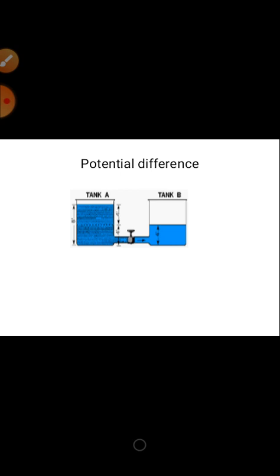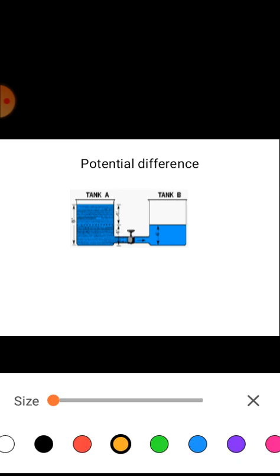Moving to the next concept, it is potential difference. You can see two tanks here, tank A and tank B. The water level in tank A is more compared to the water level in tank B. I will connect one conduit in between so that water flows from tank A to tank B through that conduit. Till what time will it keep flowing?